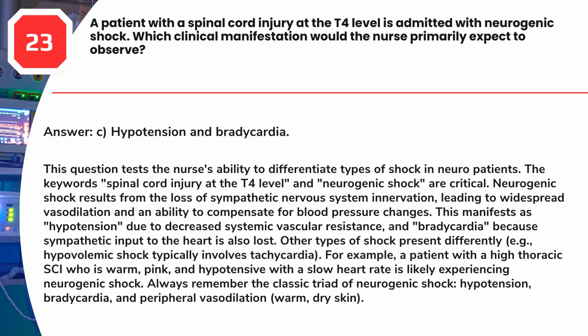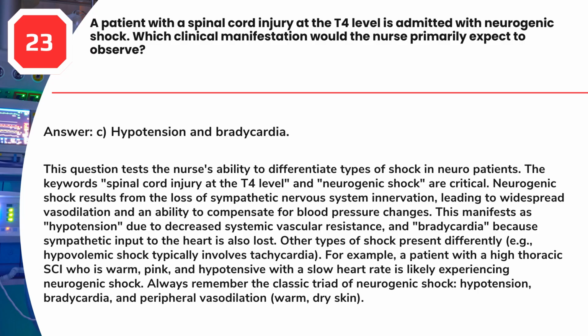This question tests the nurse's ability to differentiate types of shock in neuro patients. The keywords spinal cord injury at the T4 level and neurogenic shock are critical. Neurogenic shock results from the loss of sympathetic nervous system innervation, leading to widespread vasodilation and an inability to compensate for blood pressure changes. This manifests as hypotension due to decreased systemic vascular resistance, and bradycardia because sympathetic input to the heart is also lost.